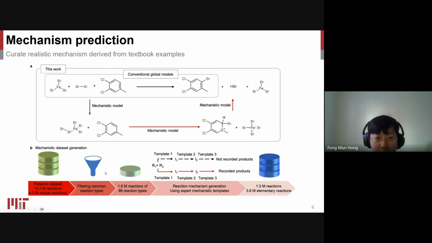As you can see, this is the conventional global model, and then what we do is apply these elementary steps, and it moves us towards the final product. This was a very long and tedious work done by Jun Young himself. He was a postdoc back then, and he slowly imputed those elementary steps from textbooks and the internet, and that helps us generate the entire SMARTS data set for different types of reaction.